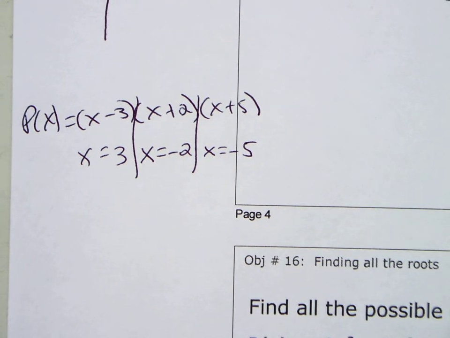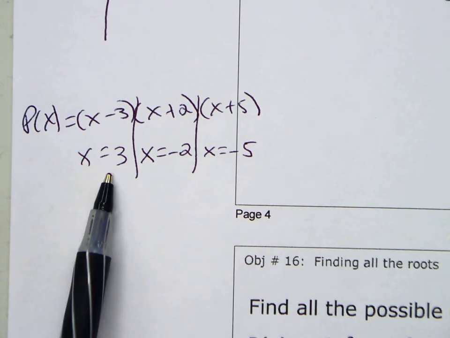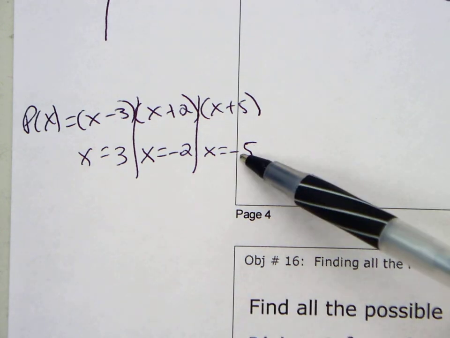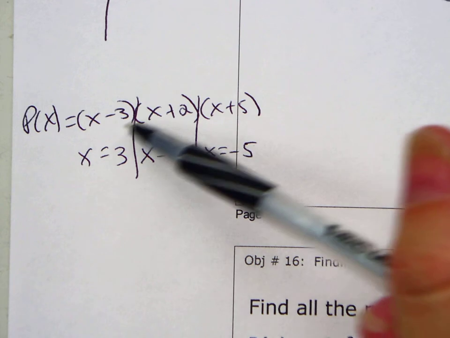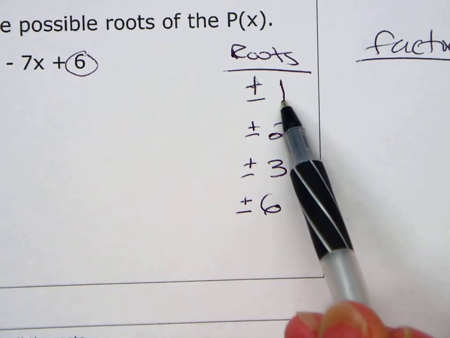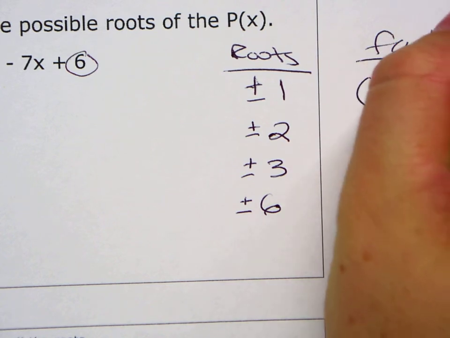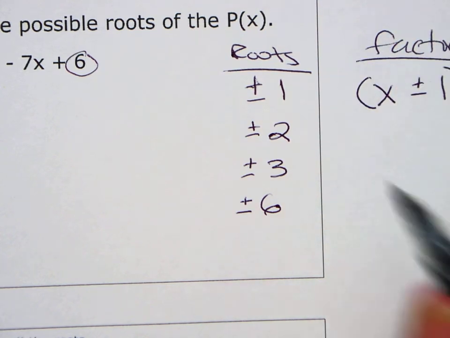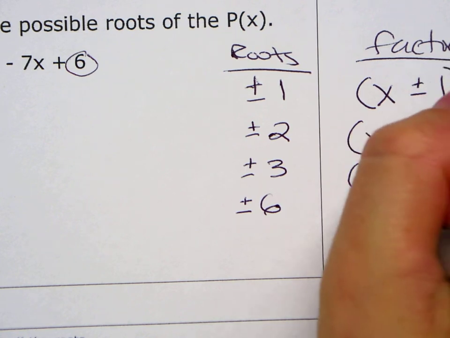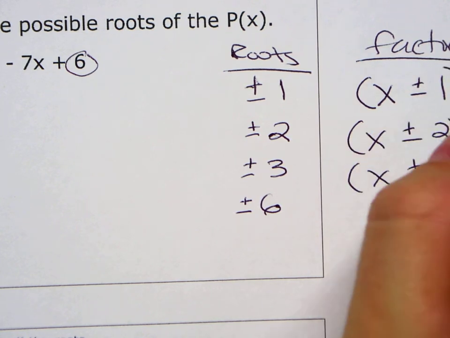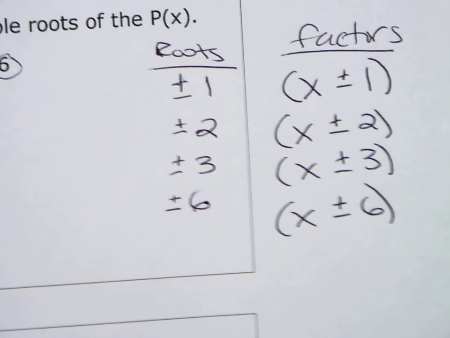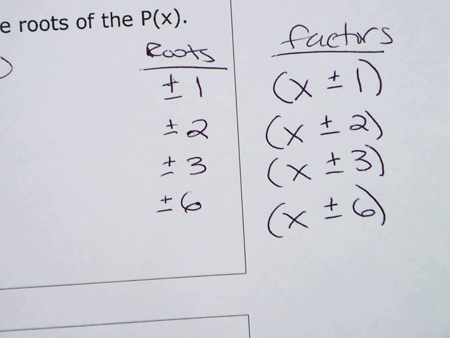So basically what we're going to do is just go backwards, in reverse order. So if the root could be 1, then the factor would be x plus or minus 1, x plus or minus 2, x plus or minus 3, and x plus or minus 6. Those are the options for the factors if those are the roots.